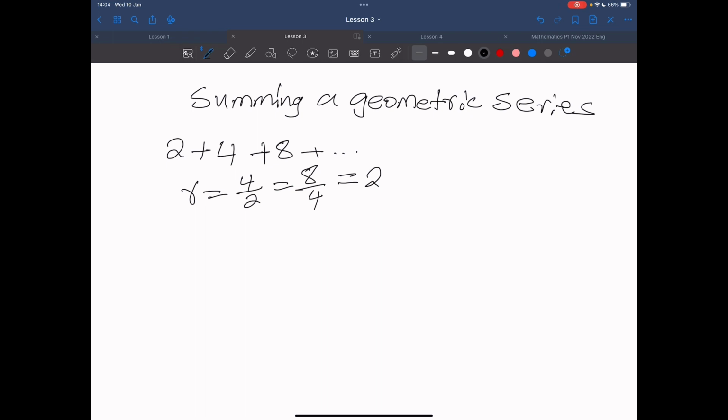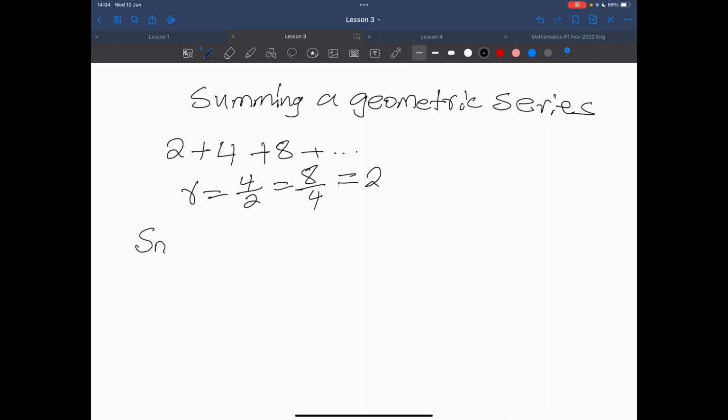Now we are going to add terms of a geometric series. But before we add the terms, let us find the formula for adding the terms of a geometric series, because this is very important. Let's take a geometric series.